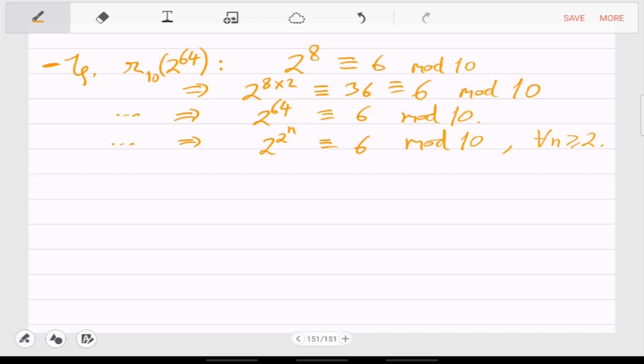Right, and the notation is very simple. You don't have to worry about this R10 bracket notation. Is this clear?